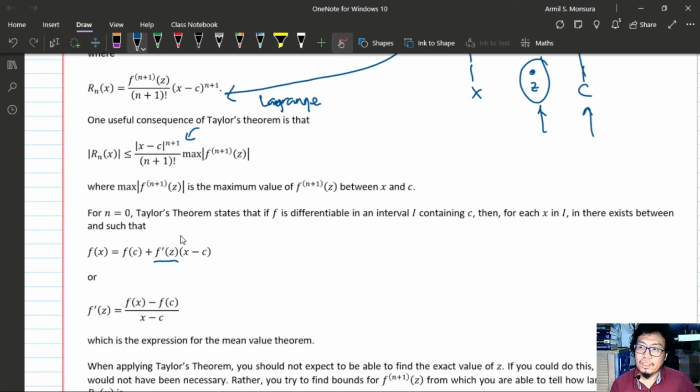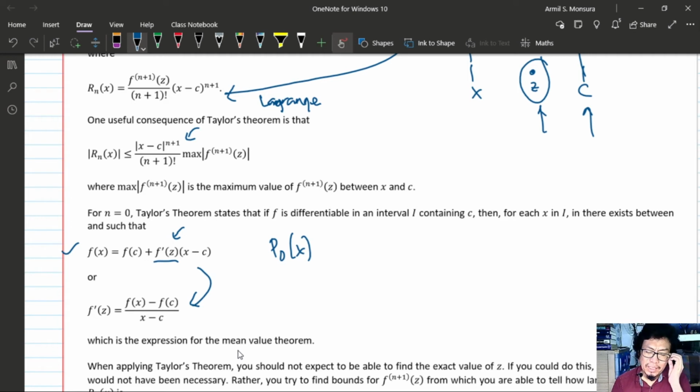If we try to find an expression for this from the zero order Taylor polynomial P0, we can find an expression for f prime of z, which is this one. This is an expression of the mean value theorem.